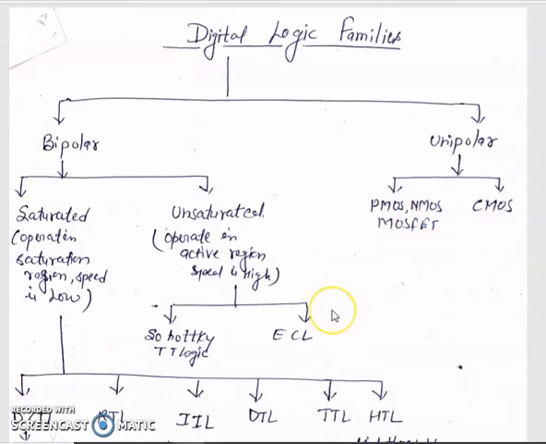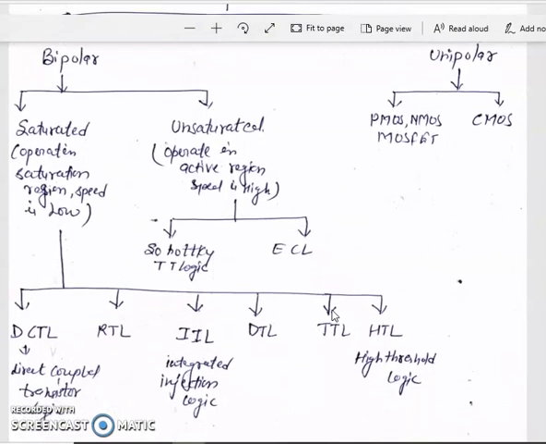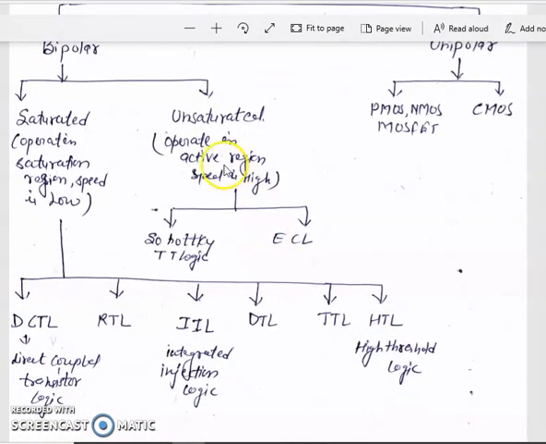Next, the classification of saturated and unsaturated. Unsaturated, which work in the active region and whose speed is very high, are Schottky TTL and ECL, that is, emitter coupled logic.